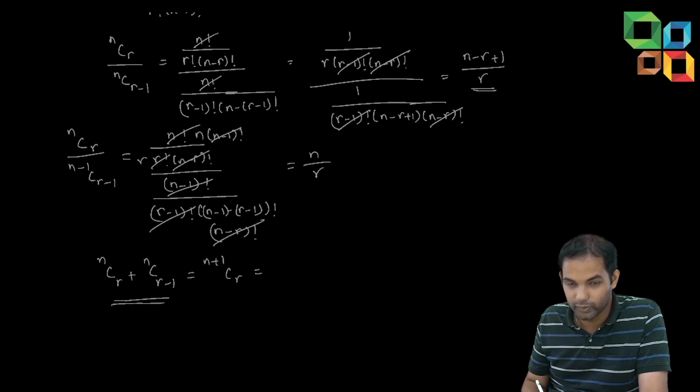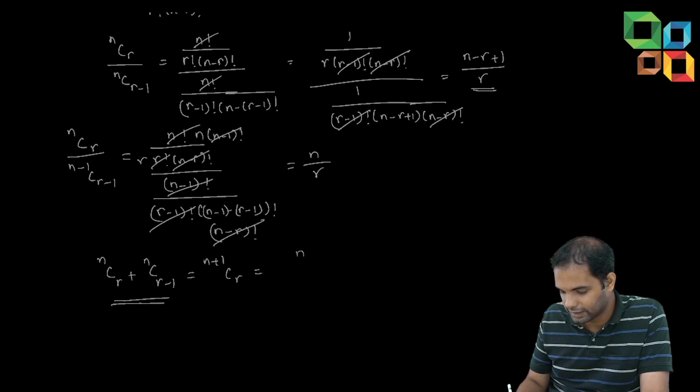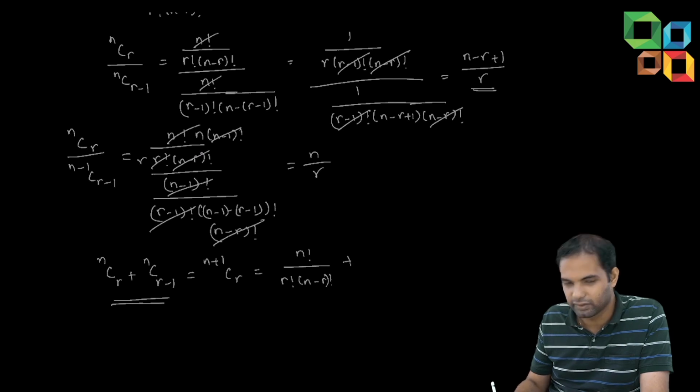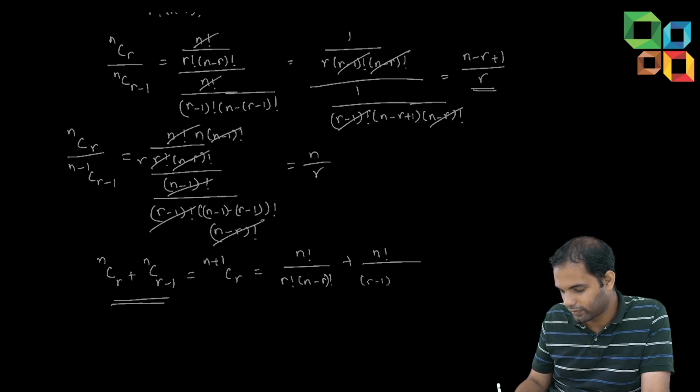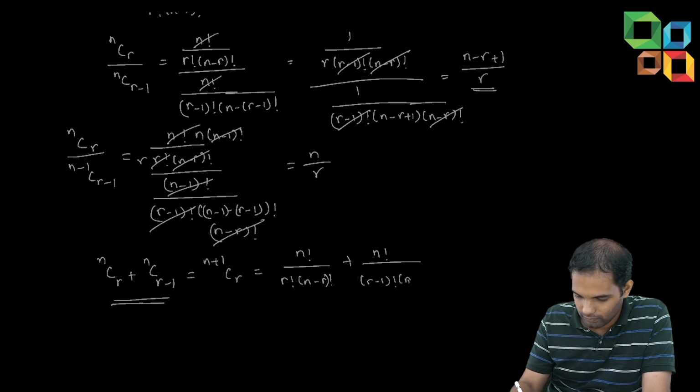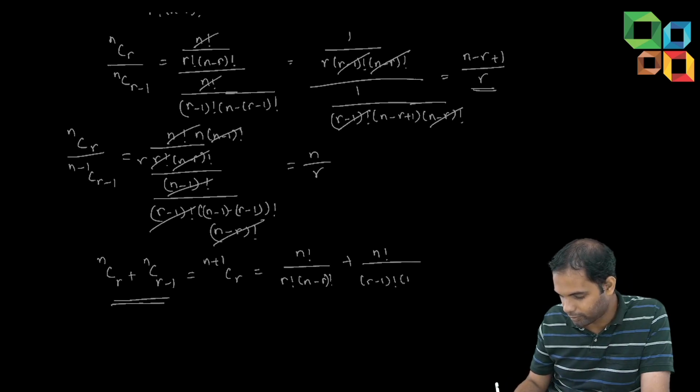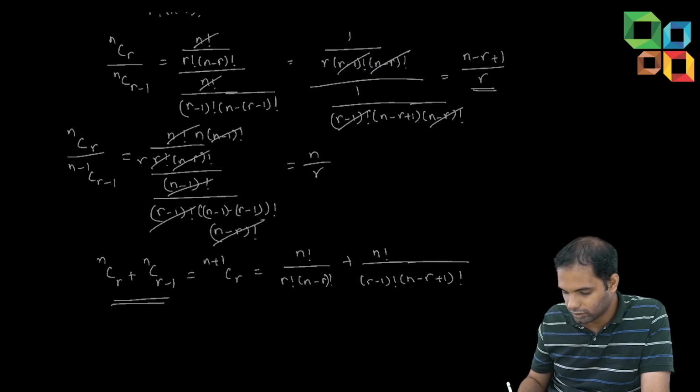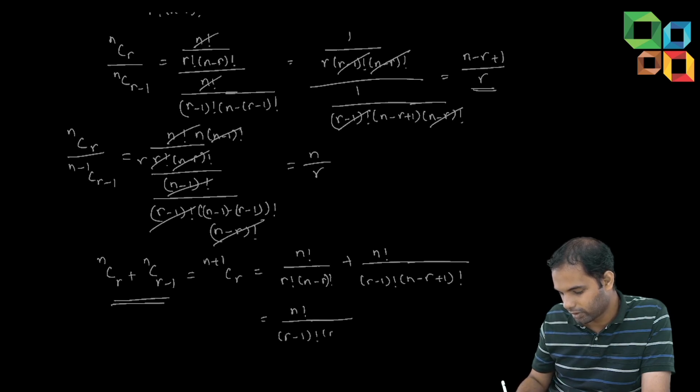Can we see how we get there? Look at this. This is n factorial by r factorial into n minus r factorial. Again, we're going to do the same thing. We're trying to figure out what are the common terms. This is r minus 1 factorial into n minus r plus 1 factorial. So take the common terms outside: n factorial, r minus 1 factorial into n minus r factorial.